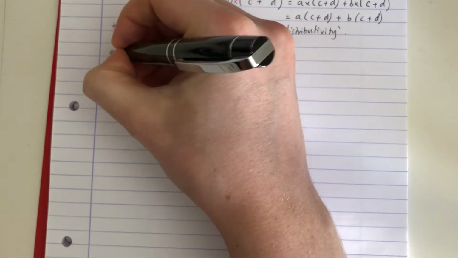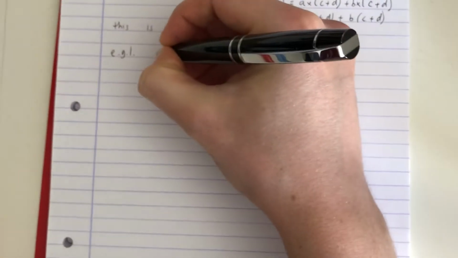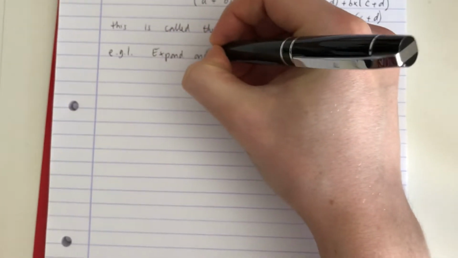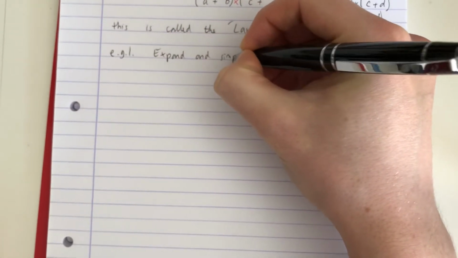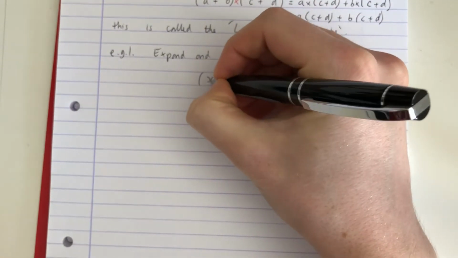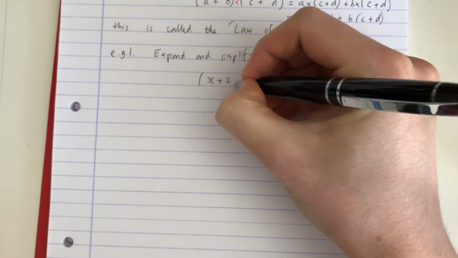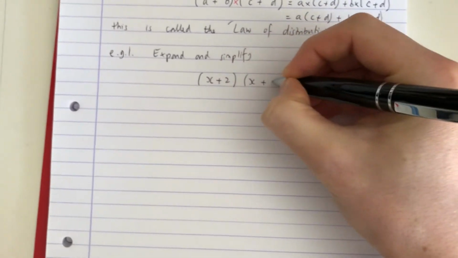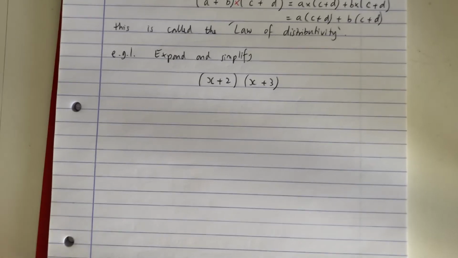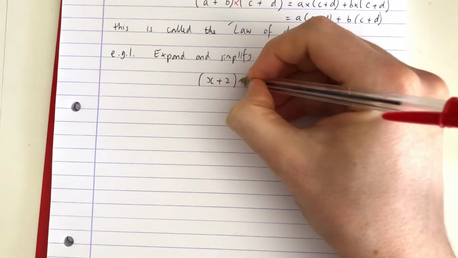Example number 1. Expand and simplify. Let's do x plus 2 brackets x plus 3. Okay, remind yourself, multiplication.